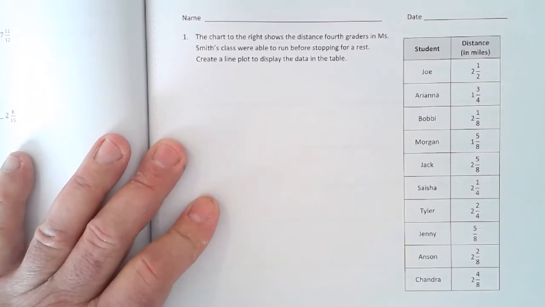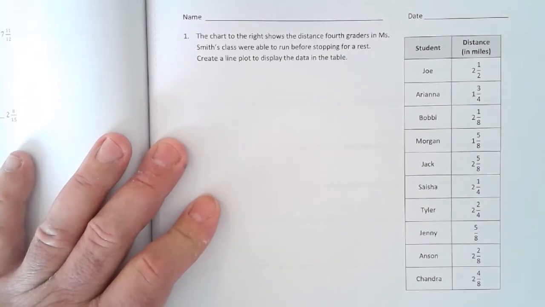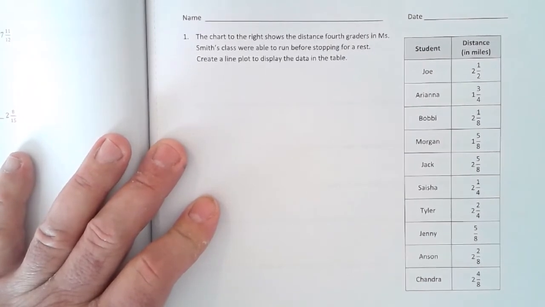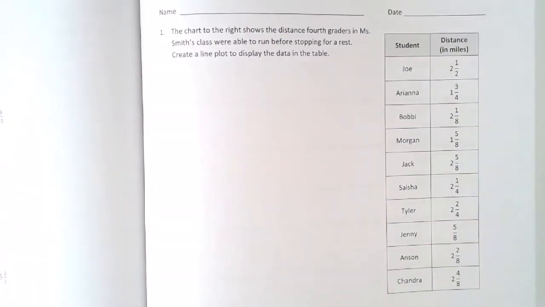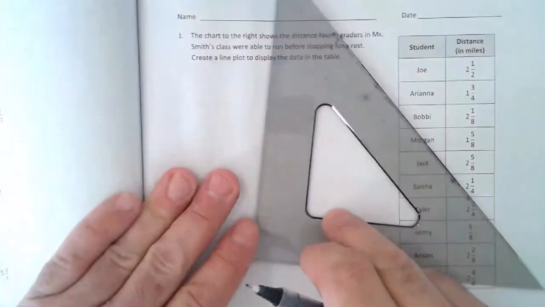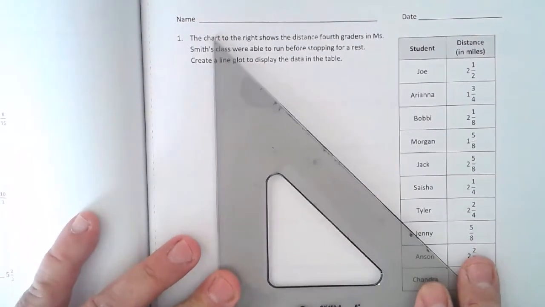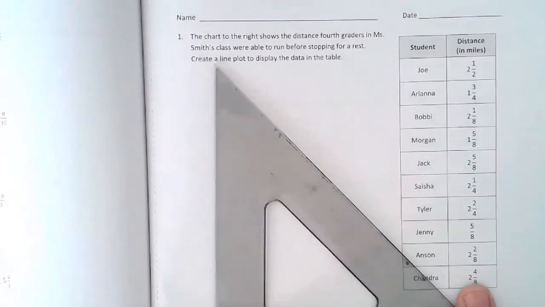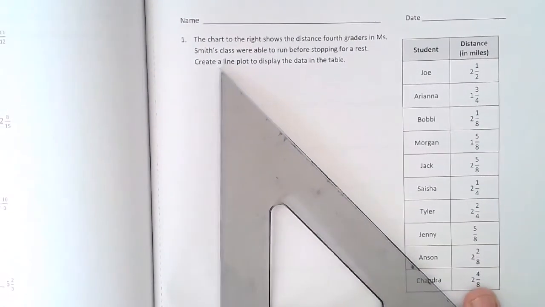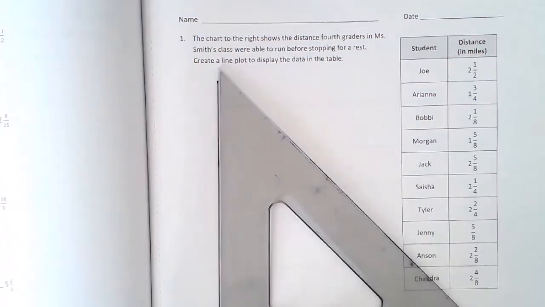Data means numbers. What are the numbers? Remember, a line plot is an XY line plot. Let me show you. Let me get a pen and a square. This is a triangle, or we call it a square as well. This is going to help me make some straight lines. What we're going to have to do is create a line plot. I want to use the whole length of the paper sideways, so let me go ahead and start that. We have a line plot this way.